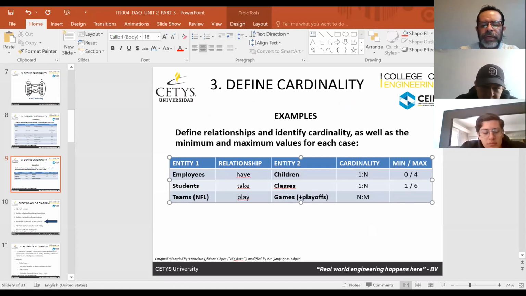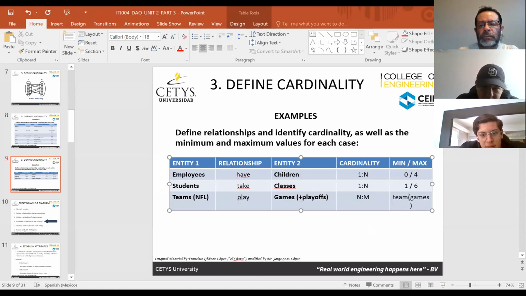And if we're talking about the games in particular, what would be the minimum and the maximum? Minimum of 16. Let me write this down just to be clear. In the case of the teams, what would be the minimum and the maximum for each game? 1 and 2, only 2.